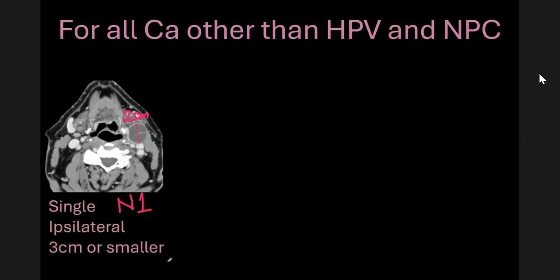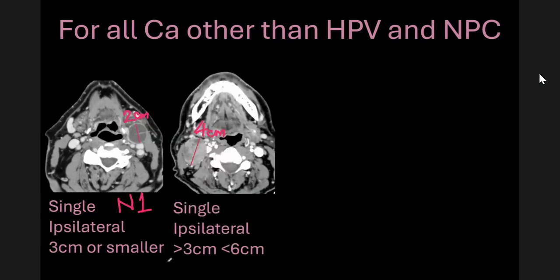So single ipsilateral lymph node that is 3 centimeter or smaller. If you see a single lymph node that is less than 3 centimeter on the same side of the cancer, then that is the N1 stage of the cancer. If you see a single ipsilateral lymph node, a single lymph node on the same side where the cancer is, which is more than 3 centimeter but less than 6 centimeter, then that is N2A staging in terms of N staging for the cancer.